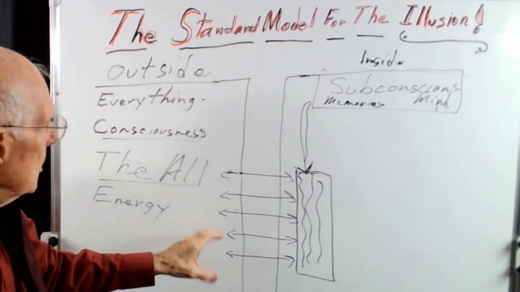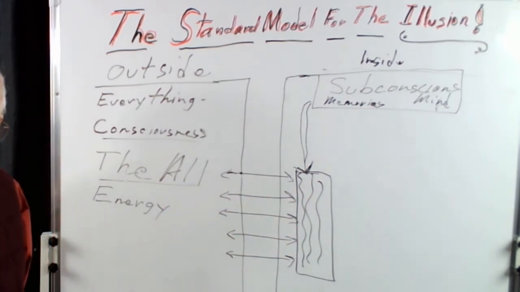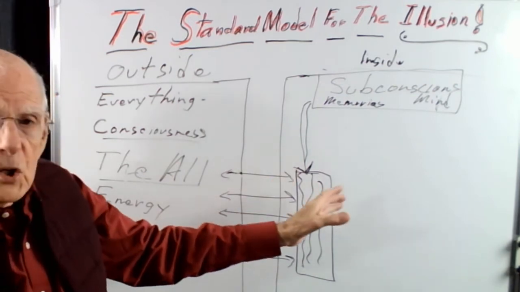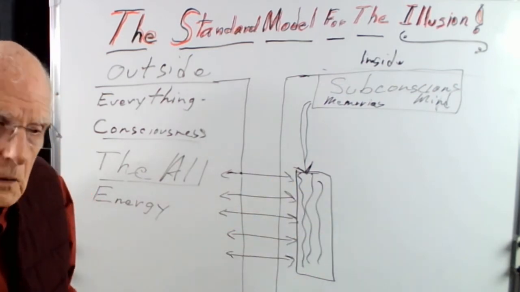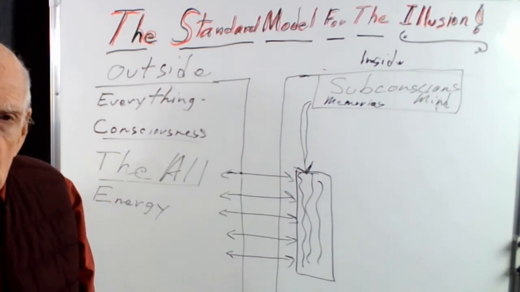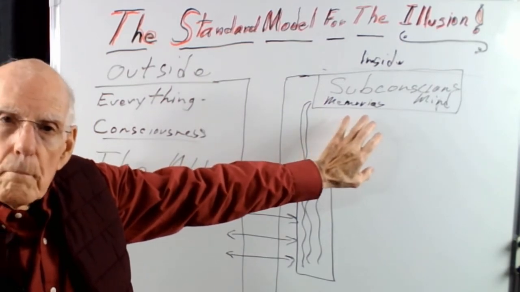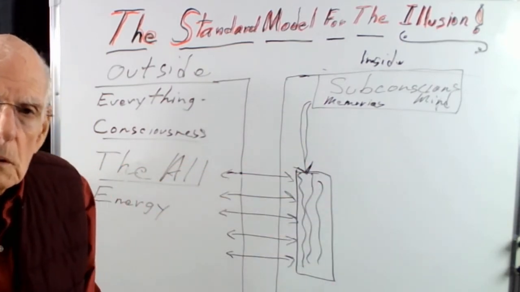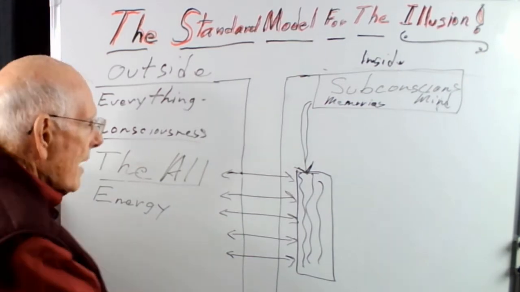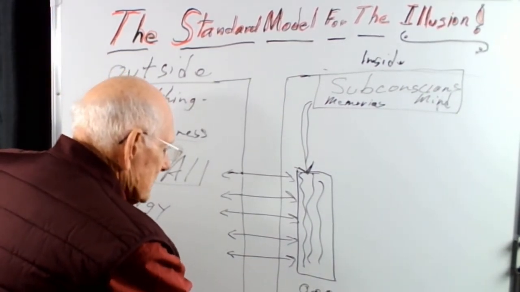So we look at the information coming from the outside, and if that information, that data, doesn't have some reference to our inside memories, it is dropped. Now I'm going to show this as dropped. We don't know how much is dropped, but some is dropped.